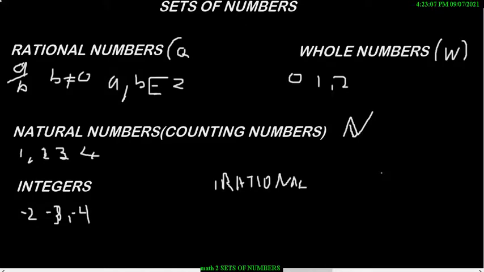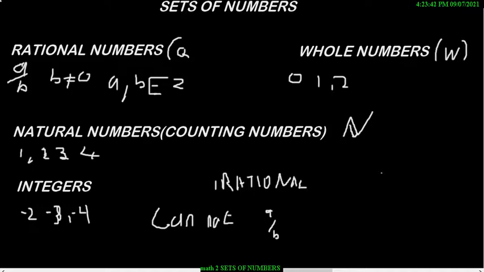Irrational numbers are the exact opposite. These are numbers that cannot be expressed in the form a over b. Exact opposite of rational numbers. We'll go into the details of rational and irrational numbers.